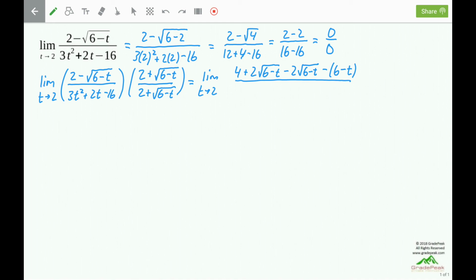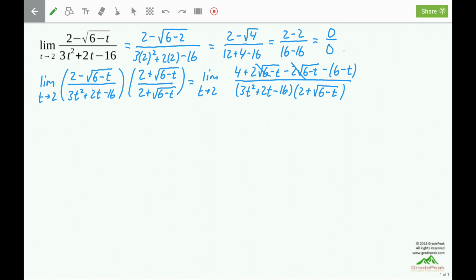Now, after FOILing out a root conjugate pair, the outside and inside terms will always be able to cancel. Equal value, opposite sign. In the denominator, we do not have a root conjugate pair. We will therefore not FOIL out these two expressions, but keep them factored instead.